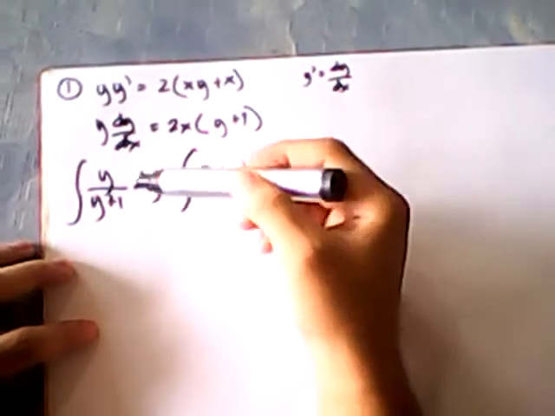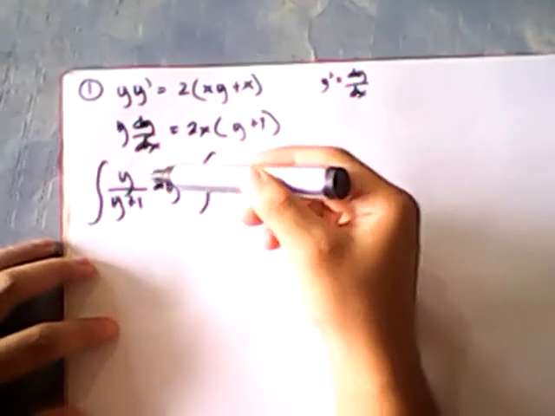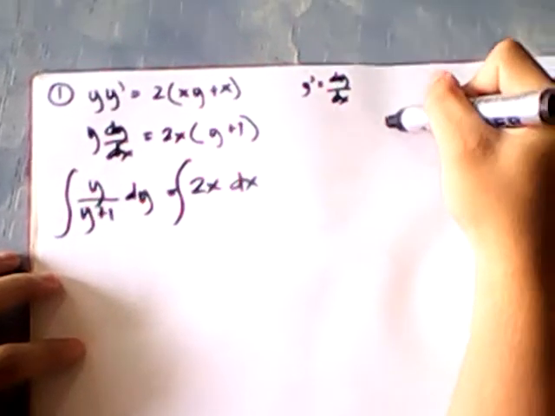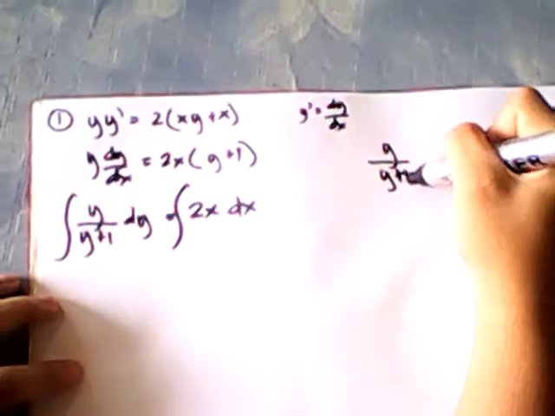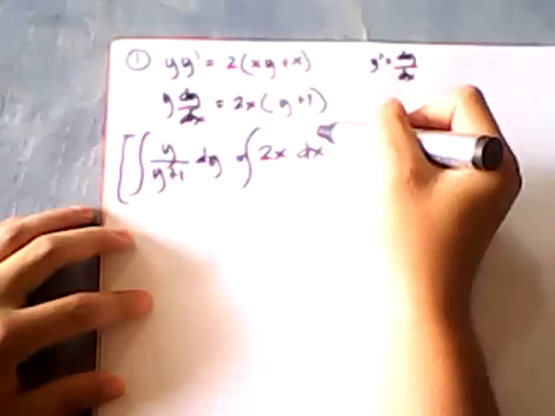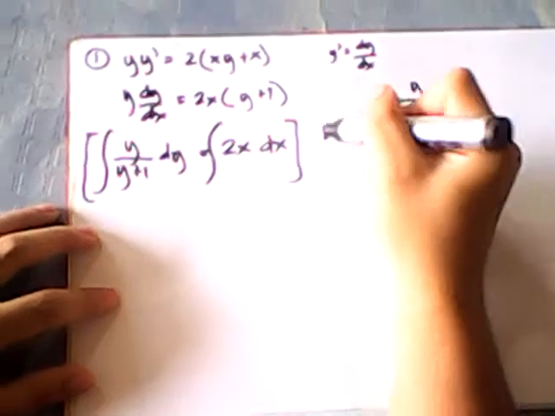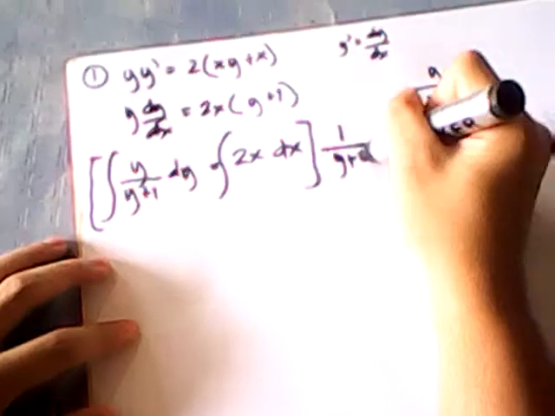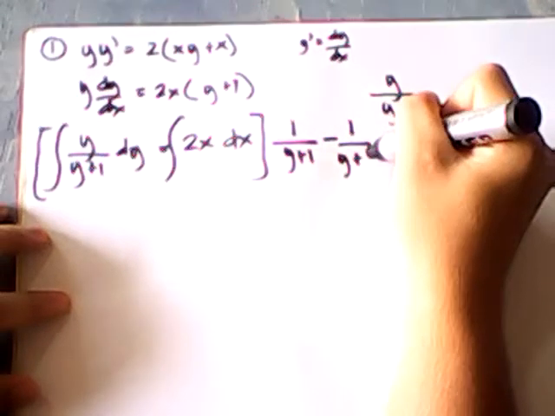By integrating this kind of equation, we have to manipulate it. We have to add and subtract 1 on y over y plus 1, so y plus 1 minus 1 over y plus 1.